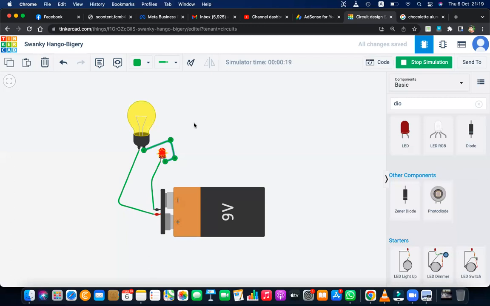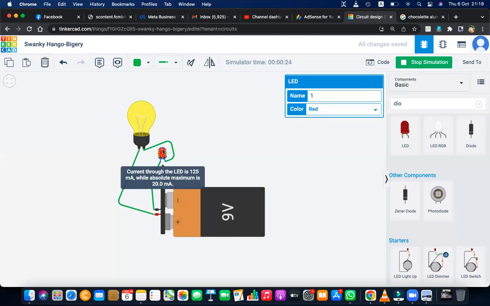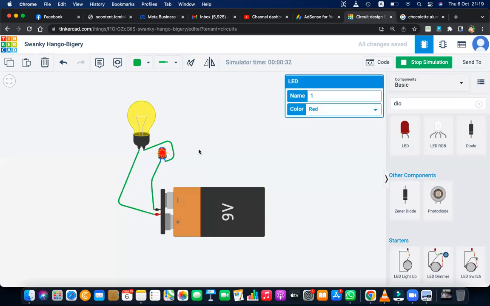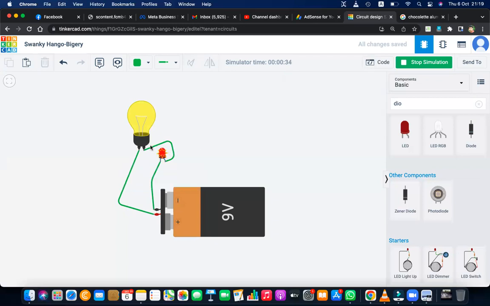You can see it's sending the current, but this will burn. The reason is this will pass a big current, like 1 to 5 milliamperes, and you have to control it using a resistor too, not just the diode. The diode will burn because of voltage.